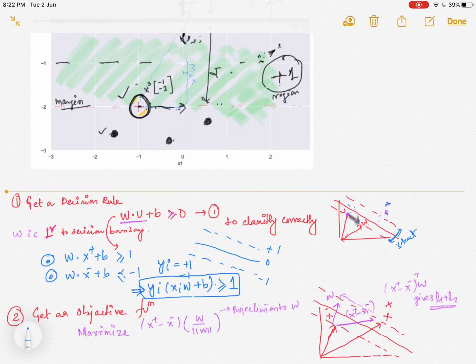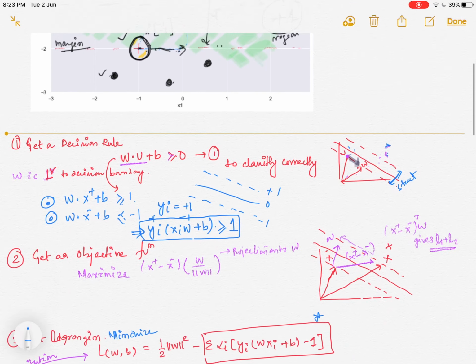So our decision rule is defined with one equation. If yi is positive, it will take plus 1, multiply it, and we'll get a value. If yi is negative, it will take minus 1, then multiply by xi into w plus b, and it will give us a minus 1 value.